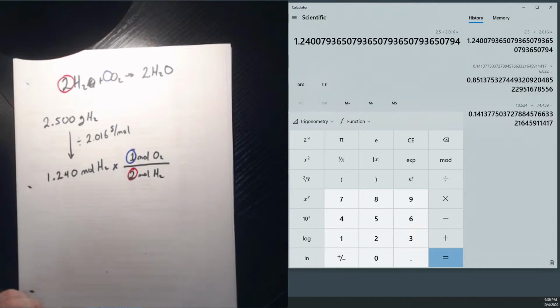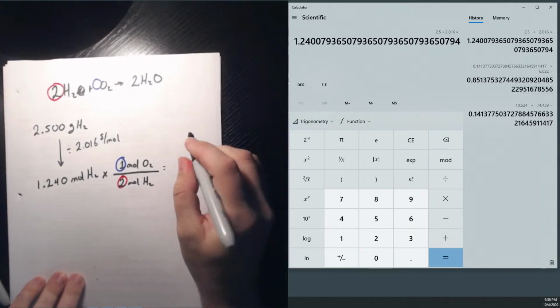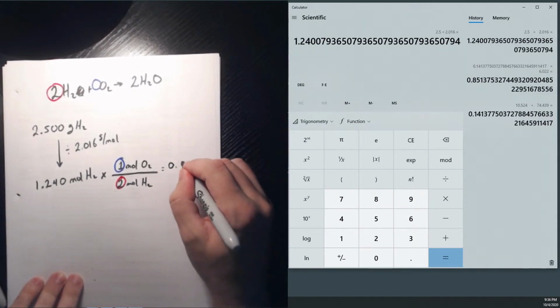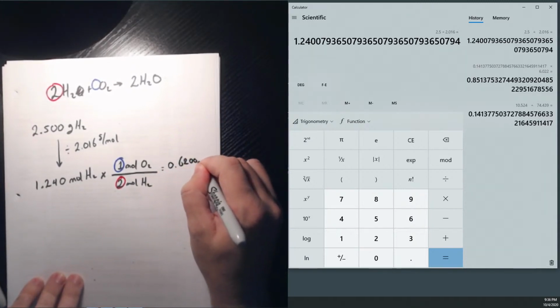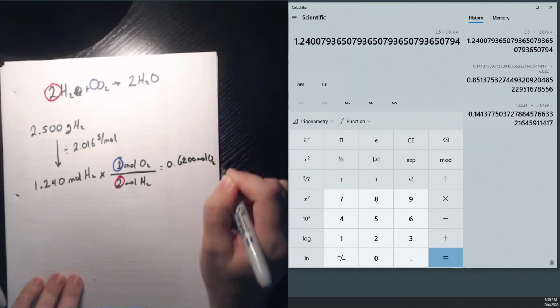Remember, it's an invisible 1, but it's still there. So that means that if we consume 1.240 moles of hydrogen, we are also going to consume 0.6200 moles of oxygen.